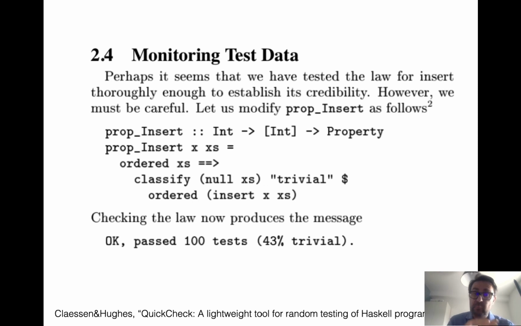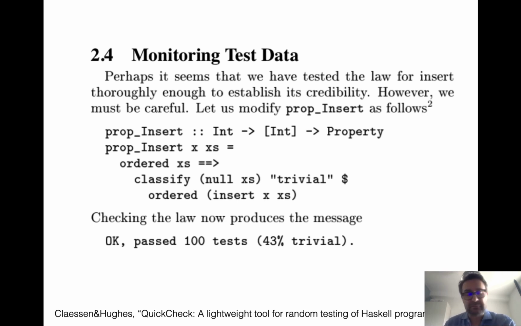So then when we run this property in the tool, it will say, okay, we tested 100 times. It seems to, or it holds. So it says, okay, right? But 43% of them were the empty array. So in some sense, they were all 43 test cases that were the same.